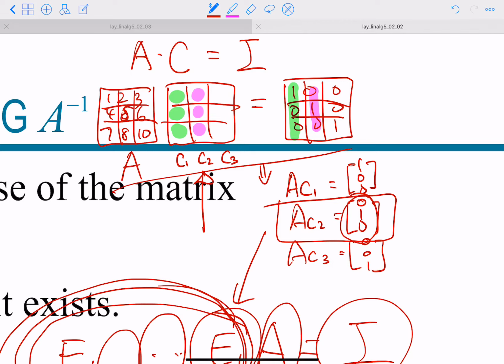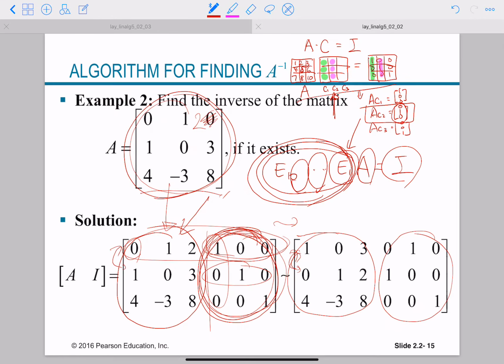And then our solution will be the second column of our inverse matrix. Does it make sense? I'm not sure whether this kind of problem is included in our exam or not, but that's some good stuff to know.